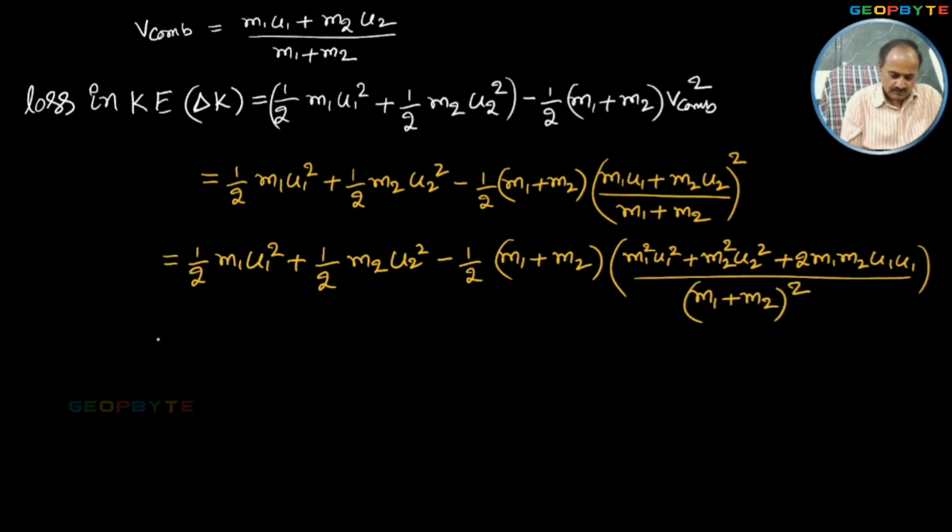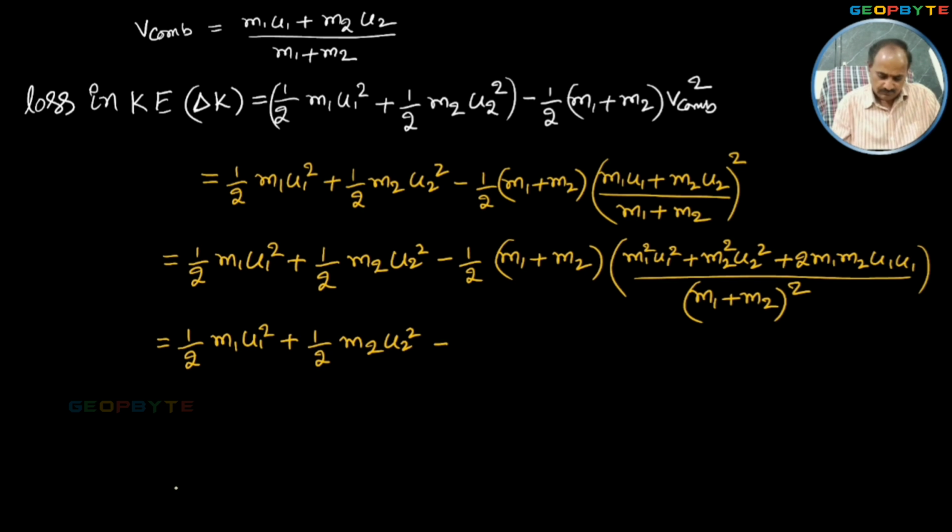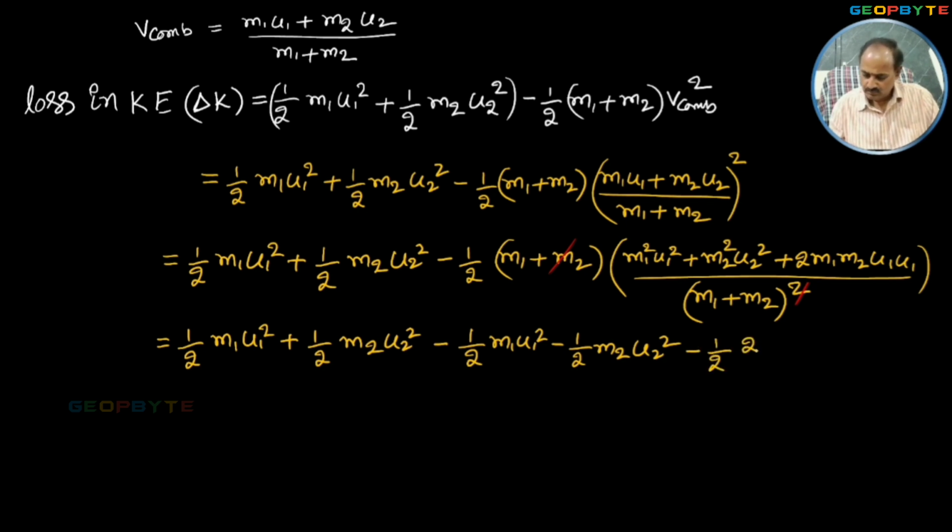Simplify this part. It can also be written as half m1 u1 square plus half m2 u2 square minus half, where m1 plus m2 is cancelled, into m1 square u1 square plus m2 square u2 square plus 2 m1 m2 u1 u2, divided by m1 plus m2.